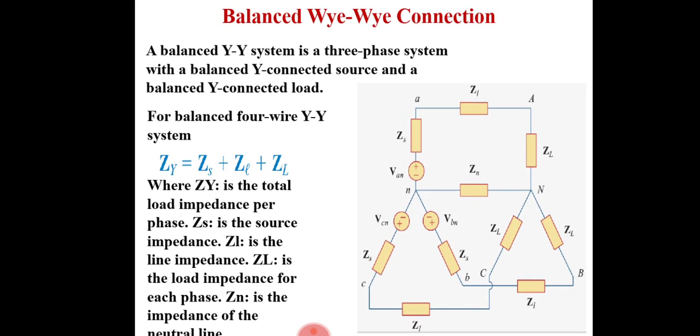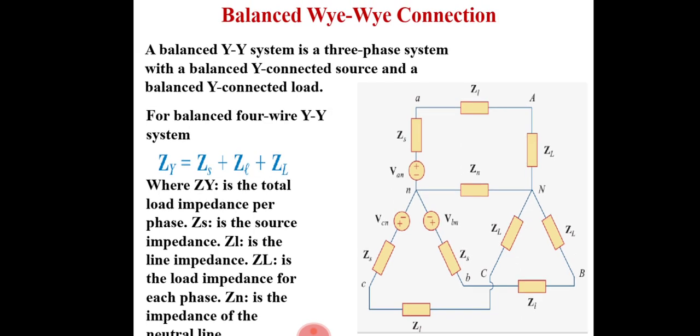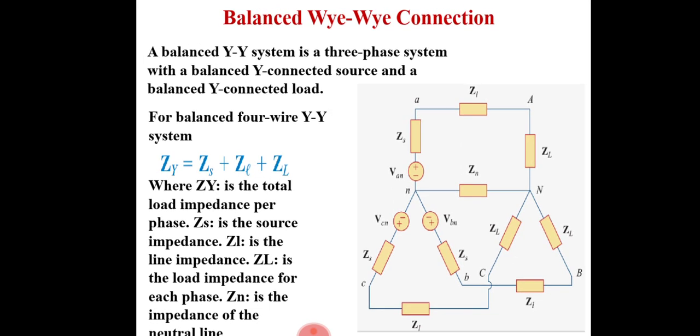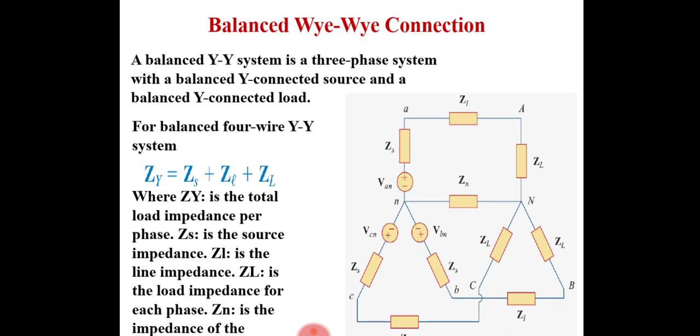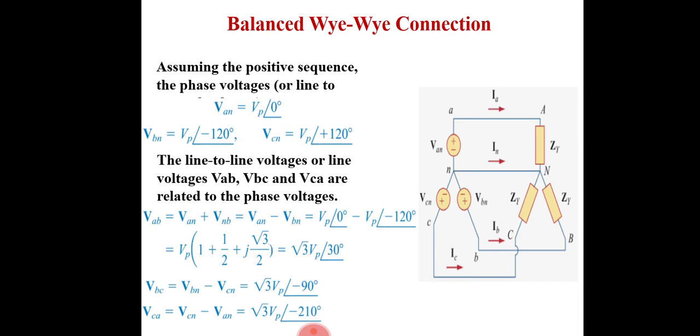Here we see the diagram with Zs, Zl, ZL and Zn. Now, assuming the positive sequence, the phase voltage VAN is equal to VP with angle 0 degrees.